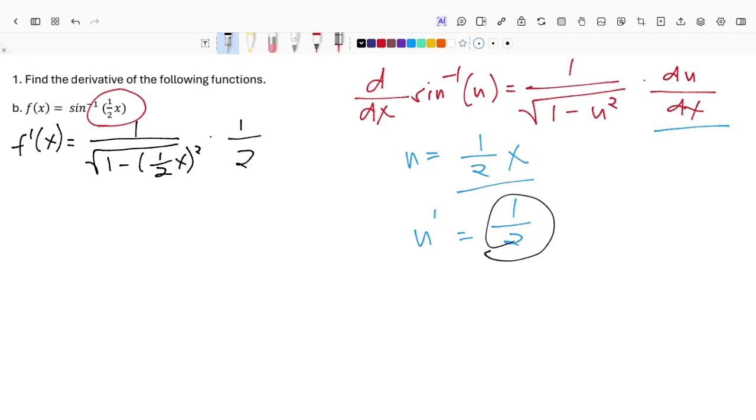From here, we need to simplify. What is 1 half x squared?